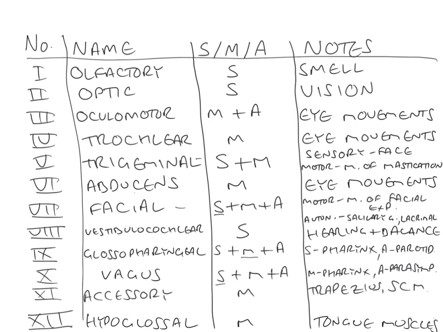Right, so that's the end of this brief mini tutorial on the basic functions of the cranial nerves. Now, there are many mnemonics that you can learn, which might help you to learn the cranial nerves.